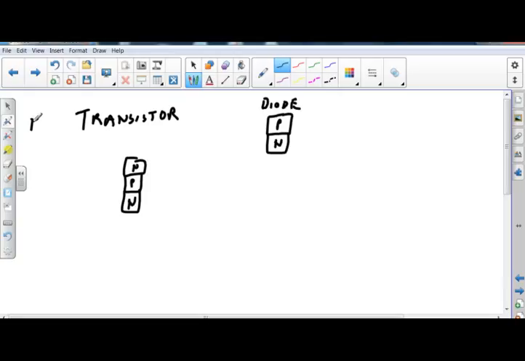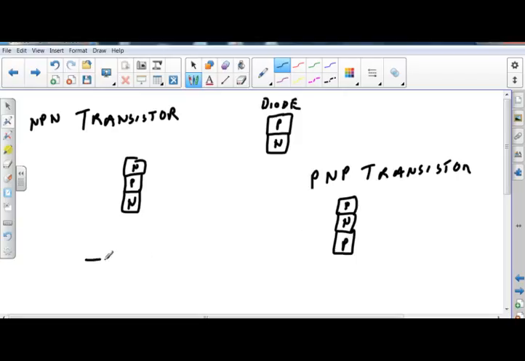So I could have an NPN transistor, or I can have a PNP transistor. Positive, negative, positive. I could have both of those. The symbol for the NPN transistor looks like this, and the PNP transistor looks like that.